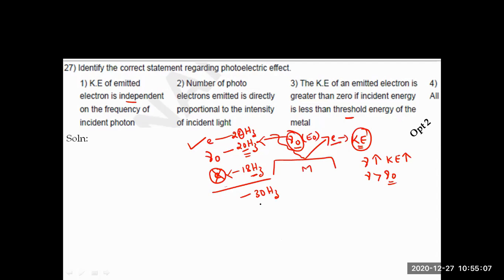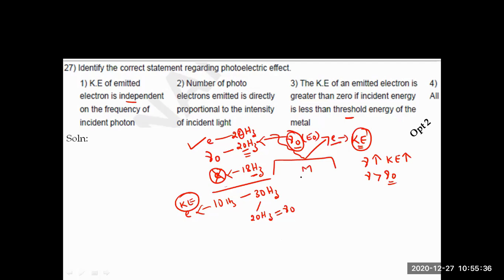How much is required to remove electron? 20 hertz is threshold frequency. That much is required to remove the electron. Remaining, how much extra is there? 10 hertz. The 10 hertz extra energy will be imparted to the electron to move it with a certain amount of kinetic energy.